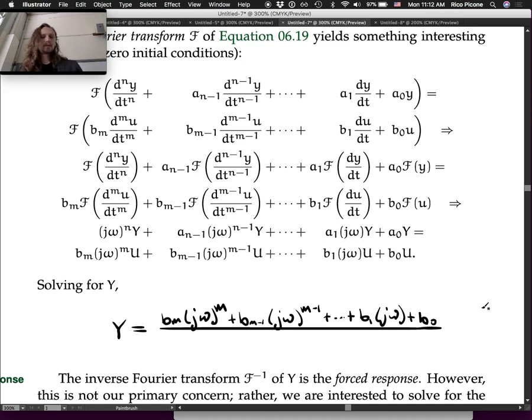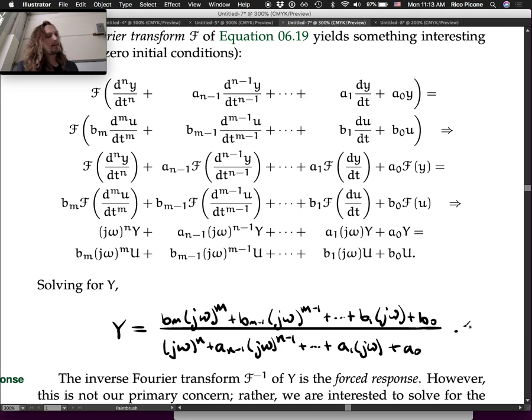And in the denominator, we have j omega to the n plus a sub n minus 1 j omega to the n minus 1 plus, down to a1 j omega plus a0. The last term in the numerator plus b naught, is that what it is? Yeah, exactly.